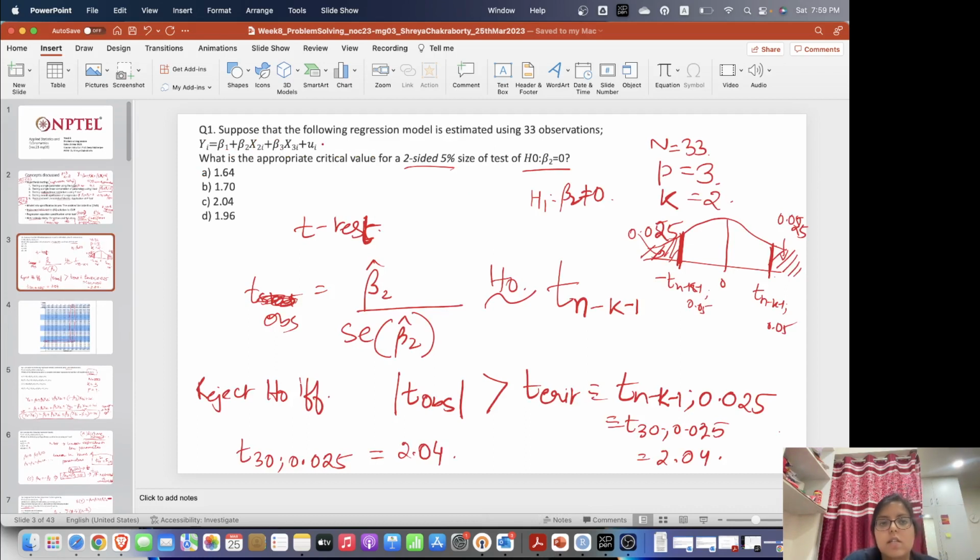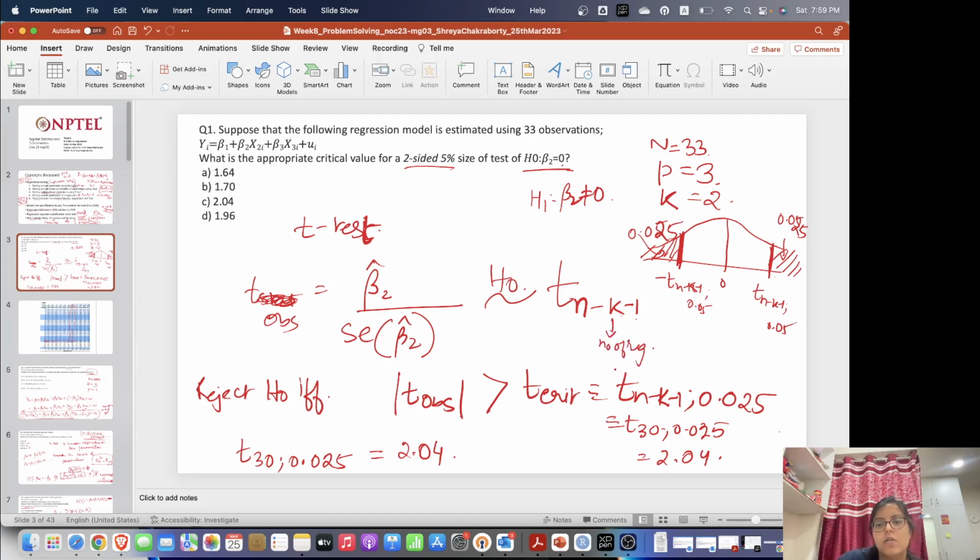So 1 was this one, that we have the following regression model which was estimated using 33 observations. We have to conduct a two-sided test for testing beta 2 equal to 0. For conducting this test, the t-test statistic is beta 2 hat by standard error of beta 2 hat, and under H naught it follows a t with n minus k minus 1 degrees of freedom, where k is the number of regressors.